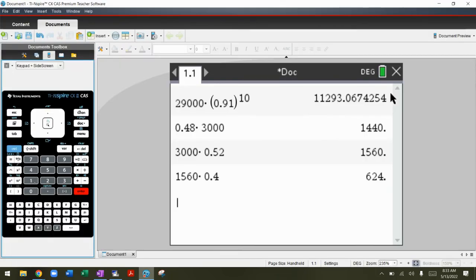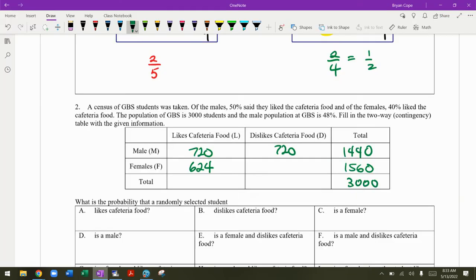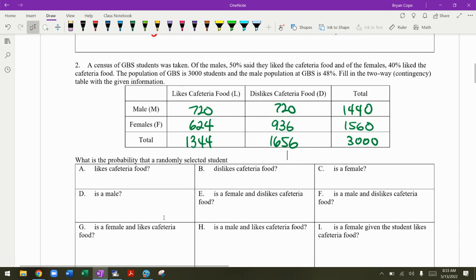So what's that? 1,560 times 60%. 936 don't like it. Oh yeah, you could subtract. You're right. You could take 1,560 and take away the 624. All right, now we just have to total down. Can we do that in our heads? Good job. 1,344 and 1,656. Good job.